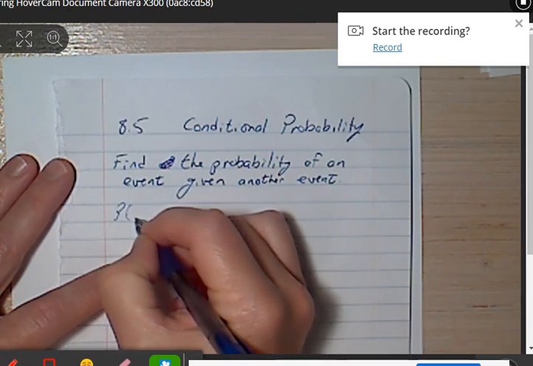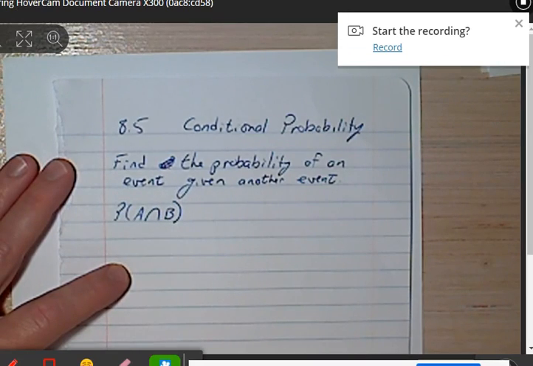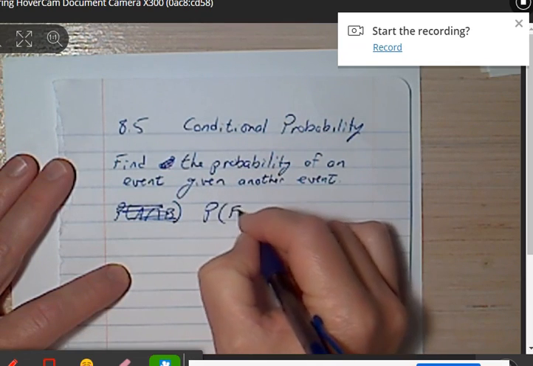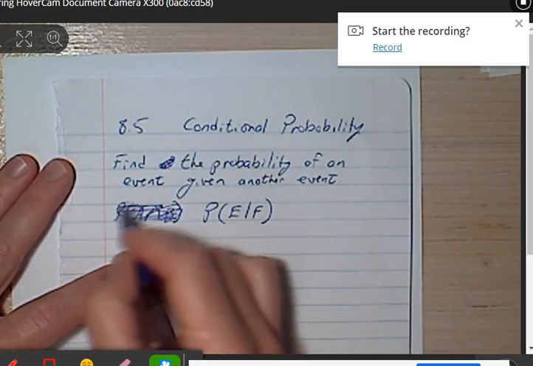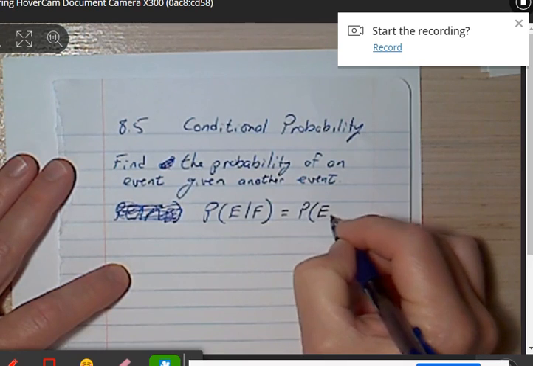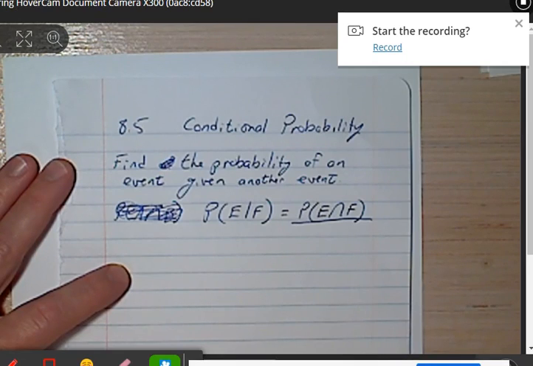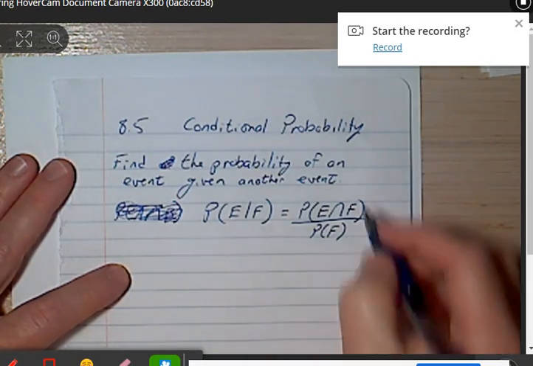And then the conditional probability part of it is that you're given some other event happening. Okay. And the one formula that they give to you for this part of it is, when you're doing conditional probability, it's going to be the probability of E given F. And to work that out, that's the intersection of the two events happening, and then you're going to divide that by the probability of the event that you were given.